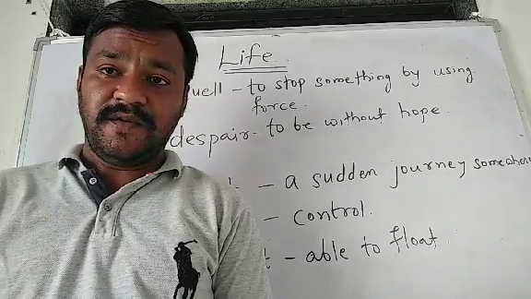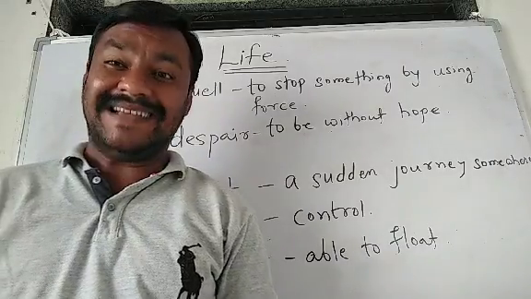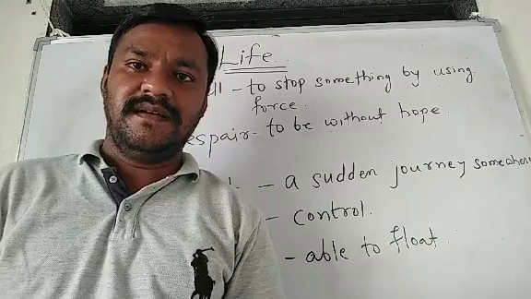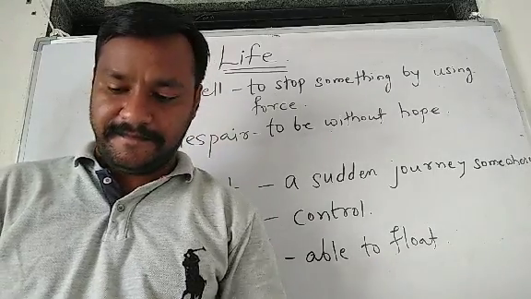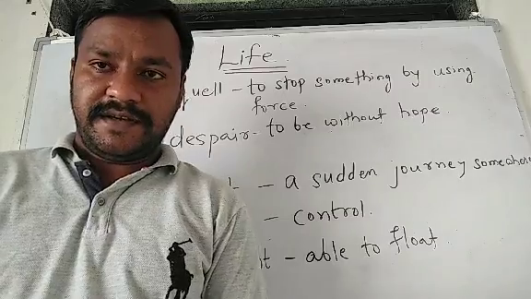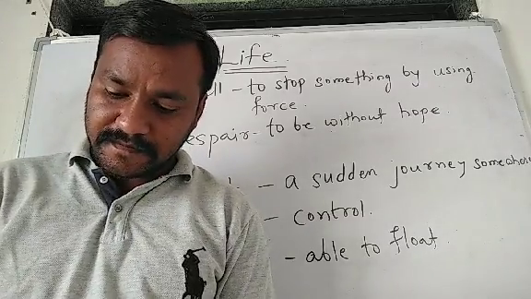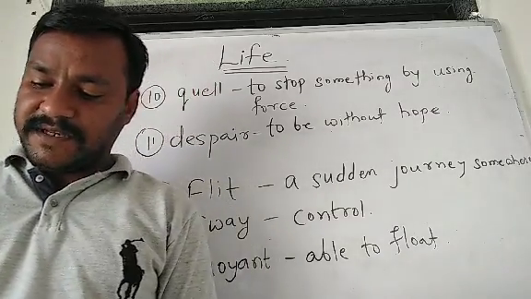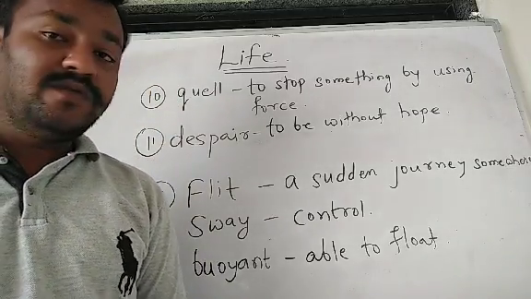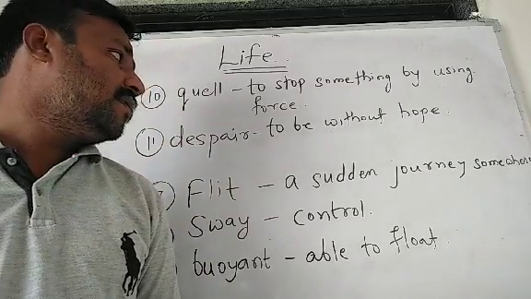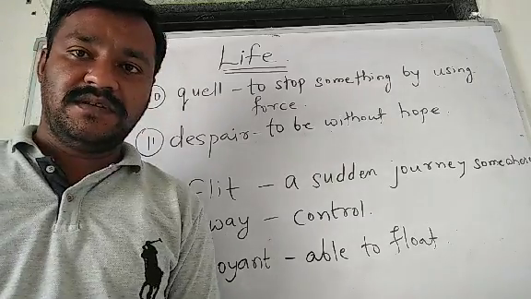Sway means control or to influence. Buoyant, able to float, or which can rise up, go on high. Quell, to stop something by using force. Despair, to lose hope, or here in the poem, to be without hope.